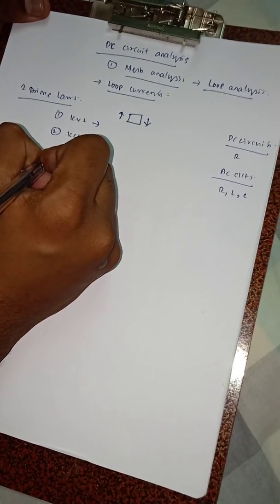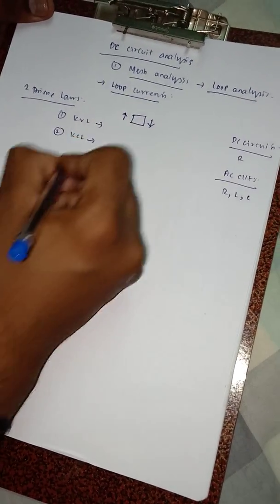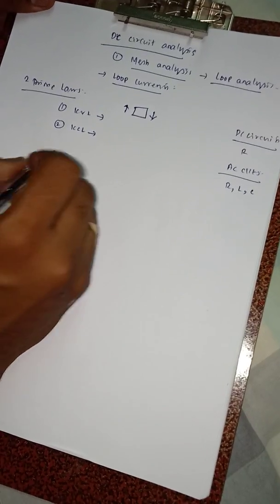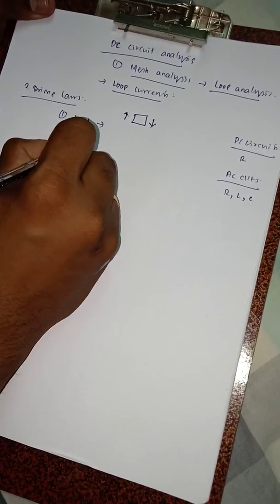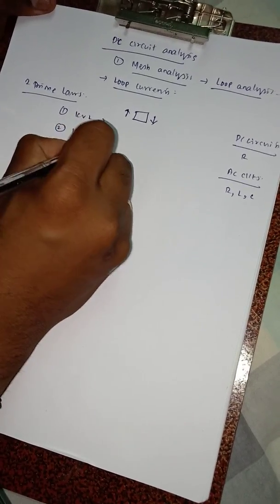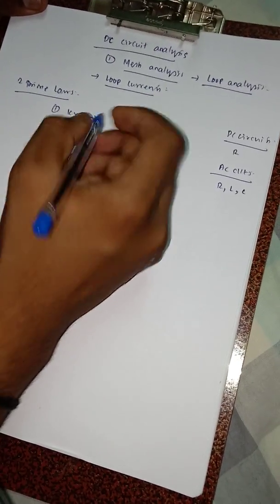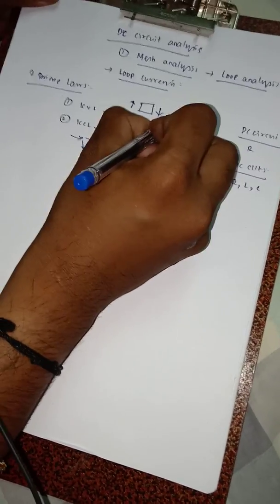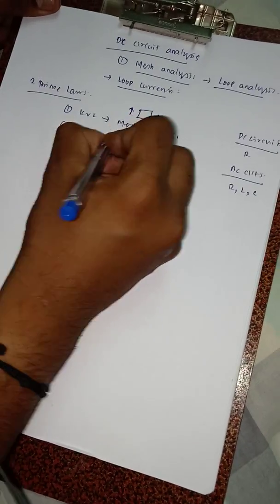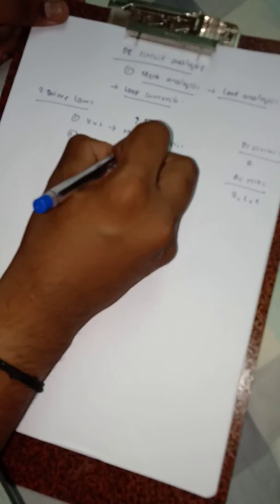And Kirchhoff's current law says that on a node, the sum of the incoming currents is equal to the sum of outgoing currents. This Kirchhoff's voltage law is used by the mesh analysis, and the Kirchhoff's current law is used by the nodal analysis.